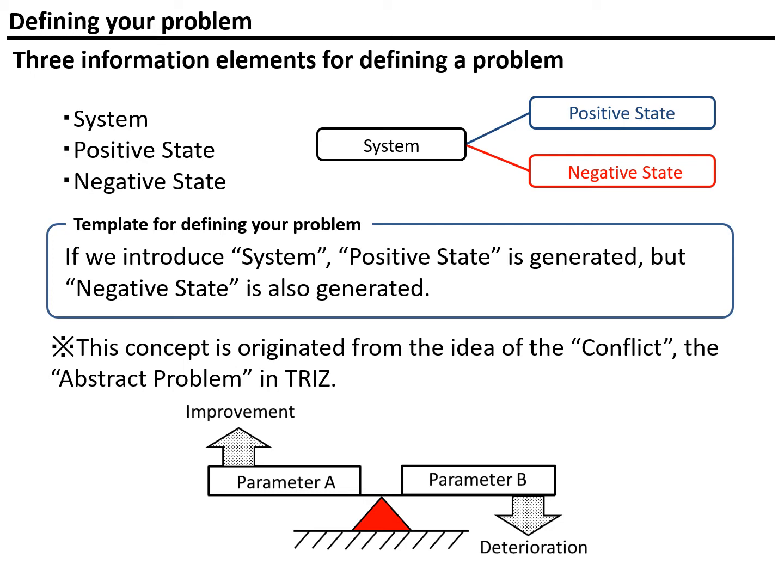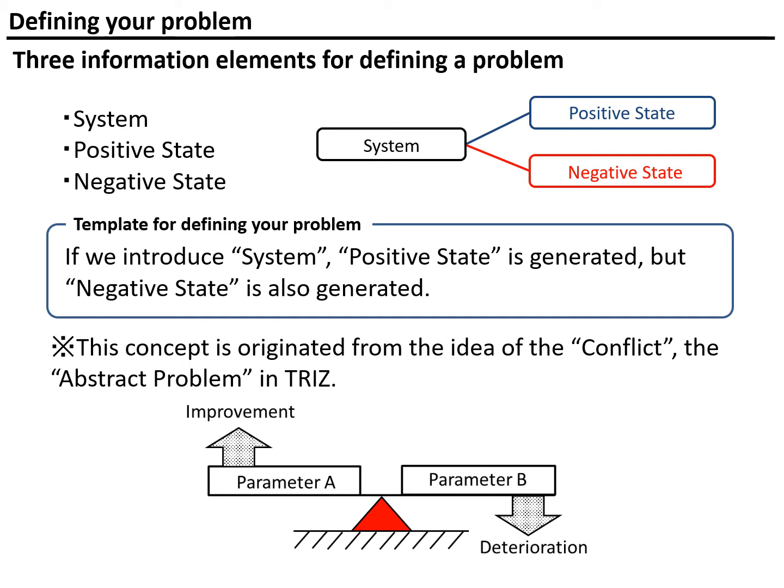So my suggestion is do use this template. Once you successfully determine these three elements of information, your problem is now very clear. You can describe your problem by using this template with respect to these three information elements.